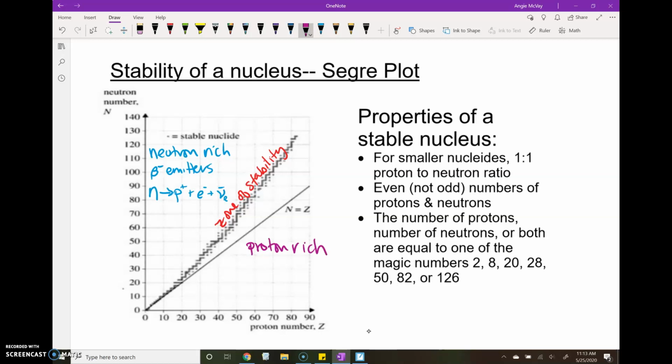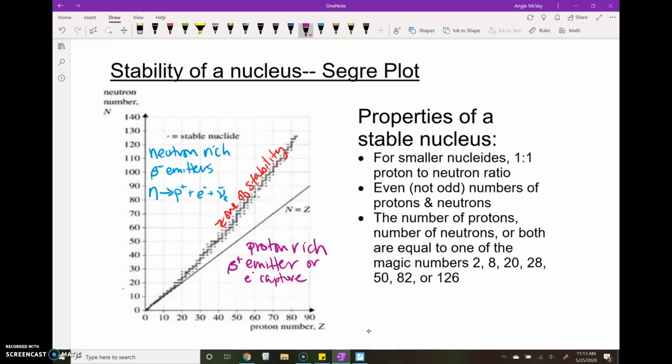This is a beta positive emitter, or something called electron capture, and we'll talk about that a little bit more as we get into particle physics. But to become stable, if you've got more protons than neutrons, you want to get close to an equal number of protons and neutrons.